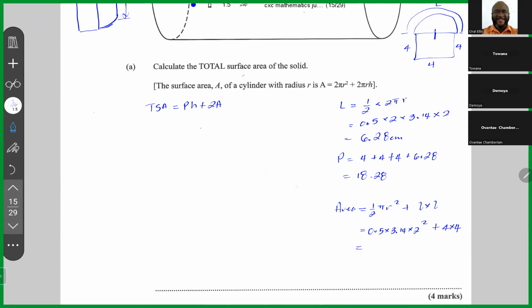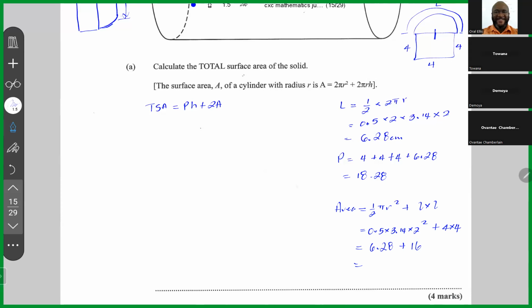So the area of the cross section, 0.5 times 3.14 times 2 squared, which is 4, we get 6.28 plus 16.